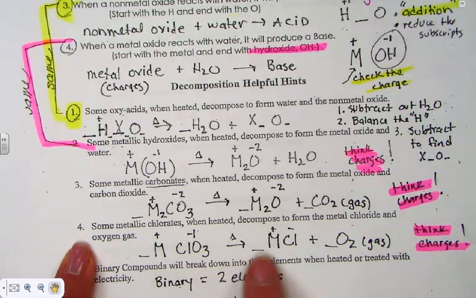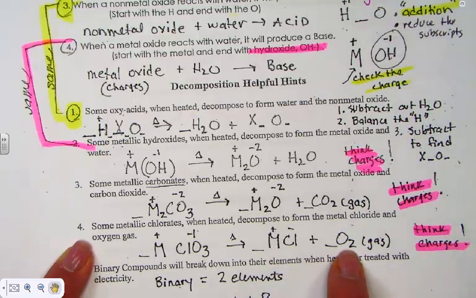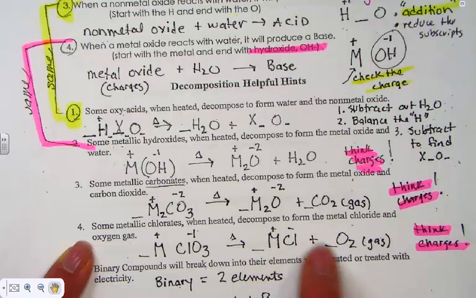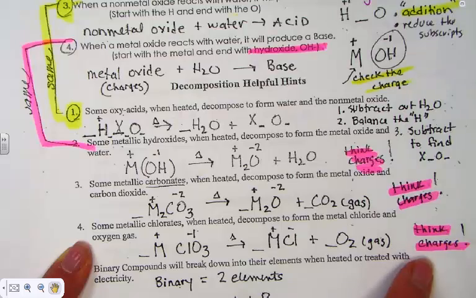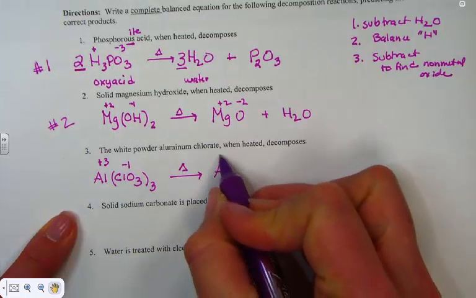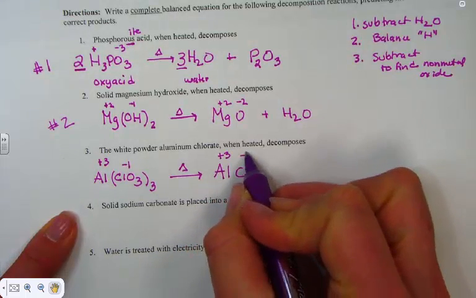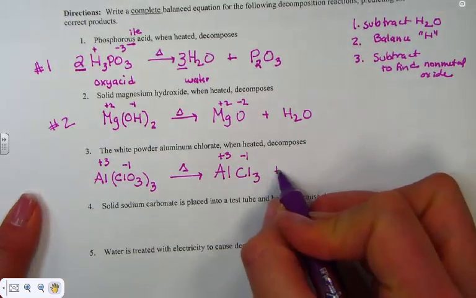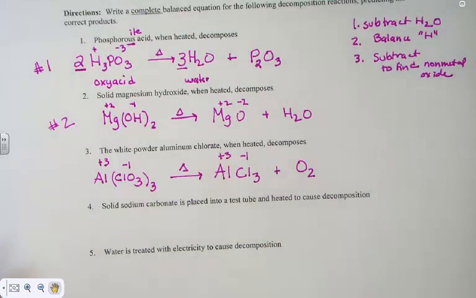Metallic chlorates give off metallic chlorides and oxygen gas. Read that with aluminum in it. Aluminum chlorate makes aluminum chloride and oxygen gas. And we've just now stated our skeleton, and remember to consider charges. The chlorate decomposes to form a chloride based on charge, AlCl3, and oxygen gas.